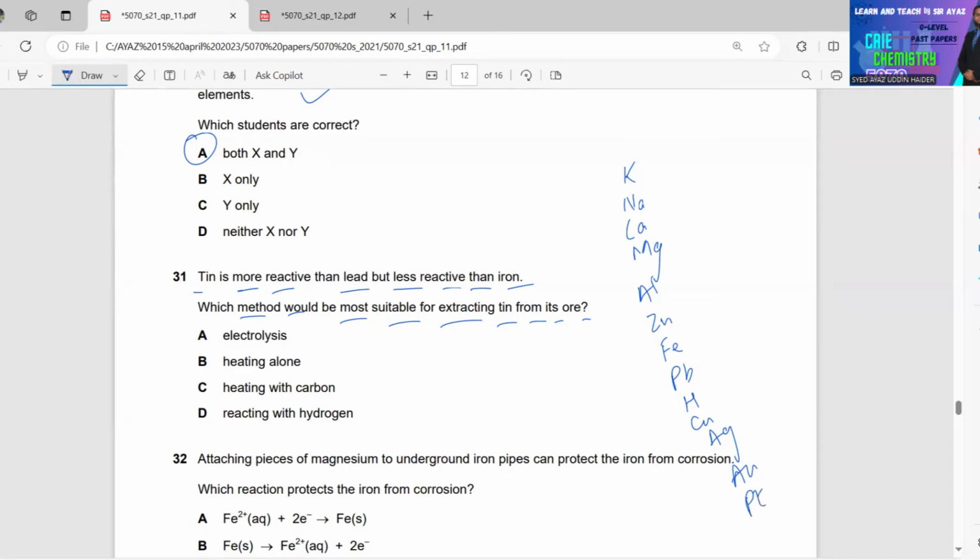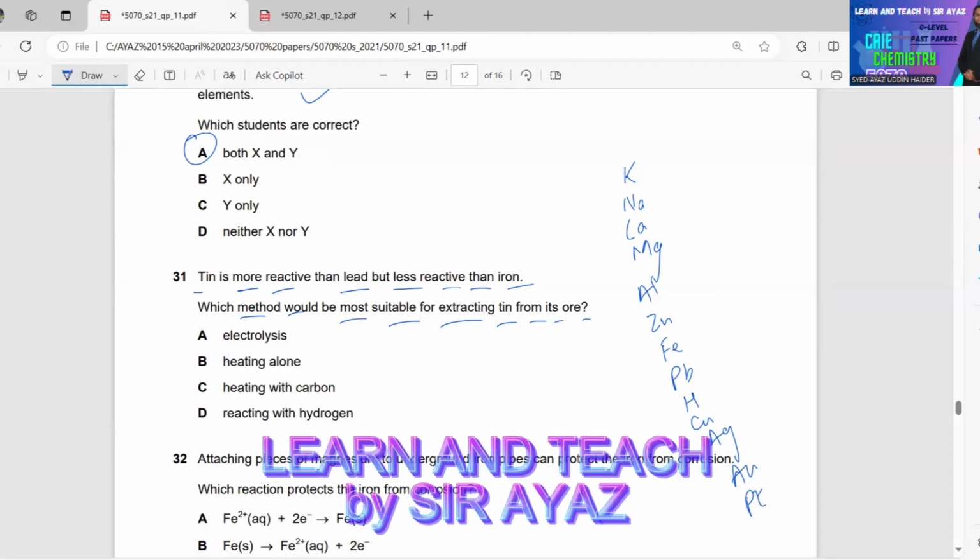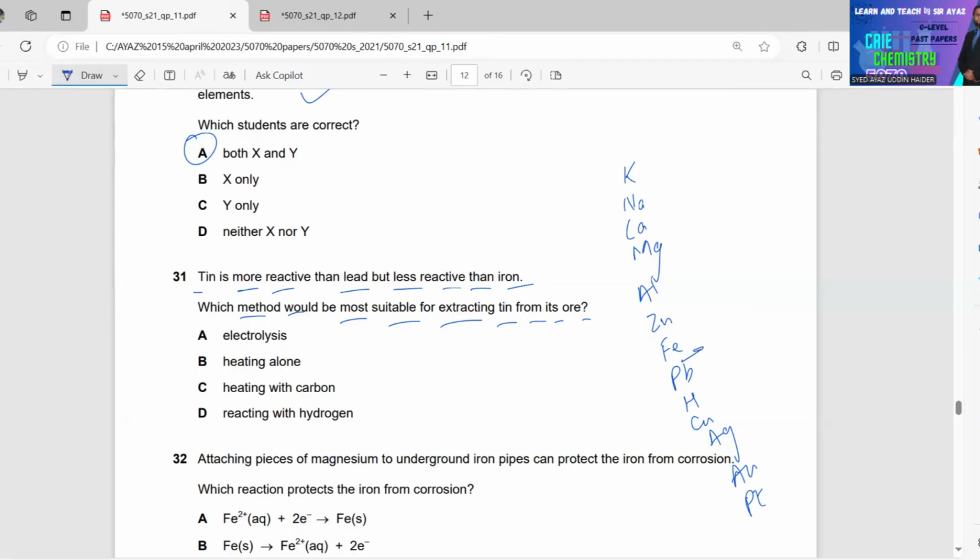Where will we place this tin? They are saying it's more reactive than lead, so it must be above lead, and less reactive than iron. So it must be having this position.